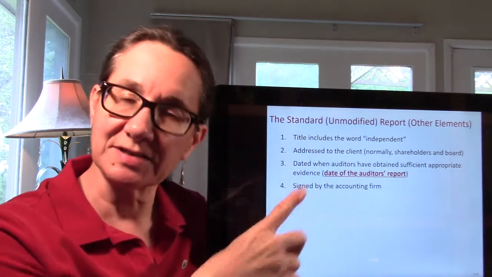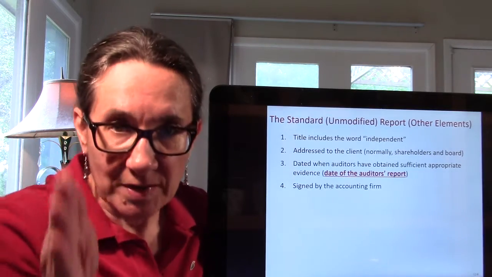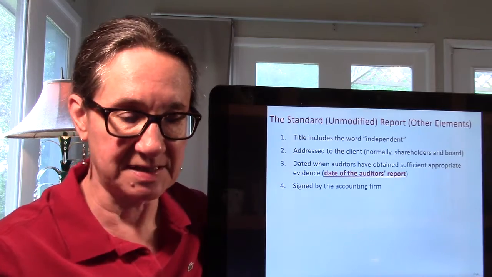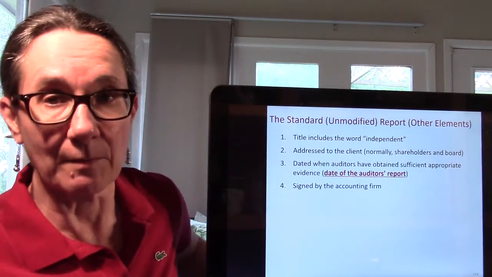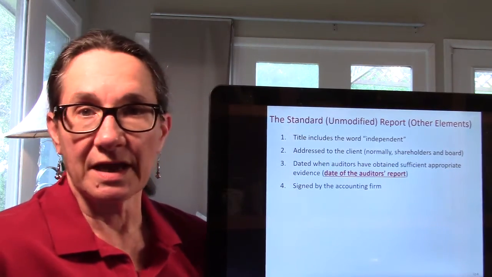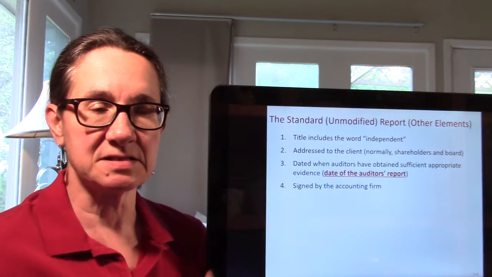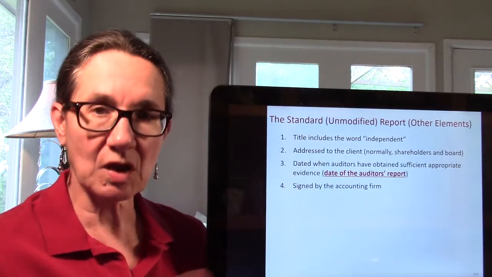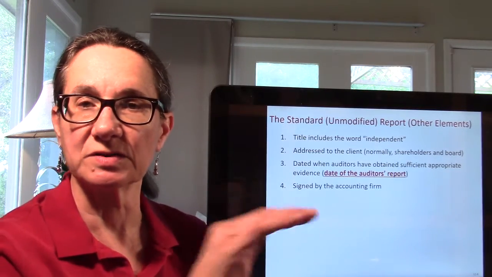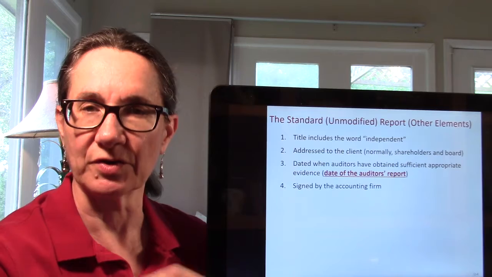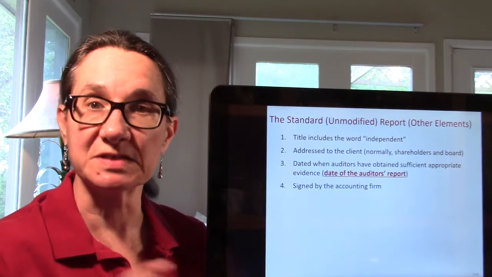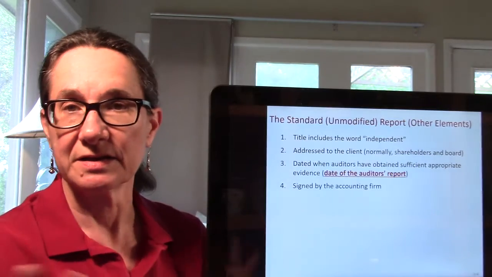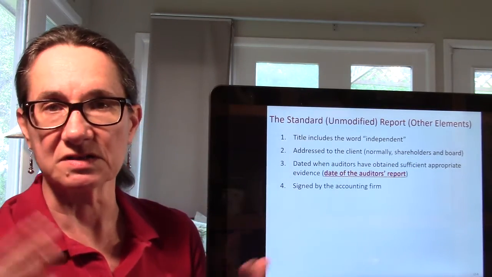We talked about that in chapter 11. That's the date you quit looking for stuff, right? I'm done, going to write my report and go. And it'll be signed by the firm, and it'll have the firm's office. So if it's being audited by Ernst & Young out of San Antonio, it'll say the Ernst & Young office, and it'll say San Antonio. It won't say which specific auditors did the audit. It will say Ernst & Young, and it will say the office, San Antonio, Austin, whichever one did it.